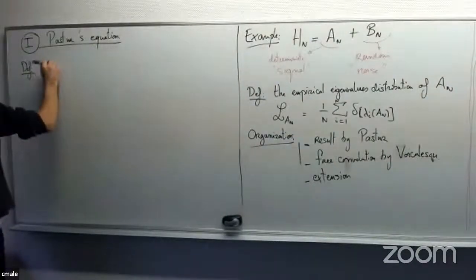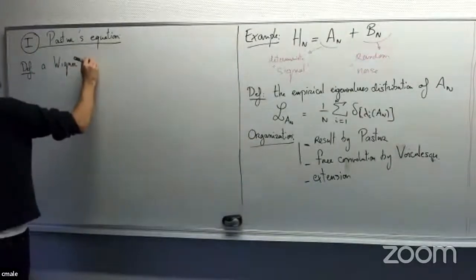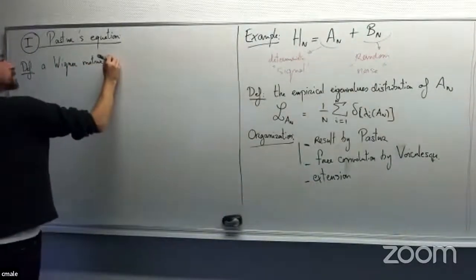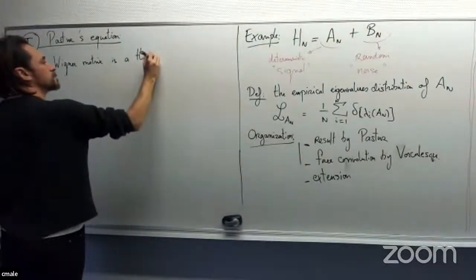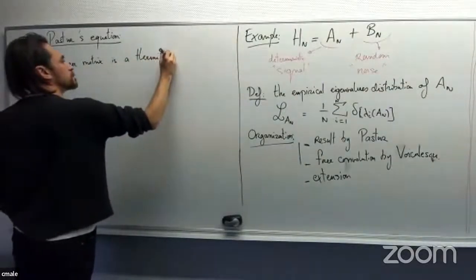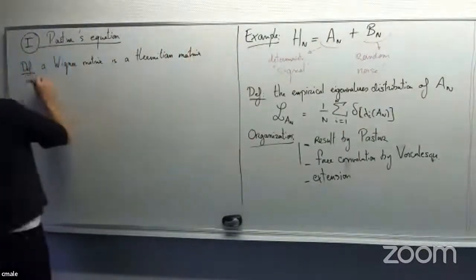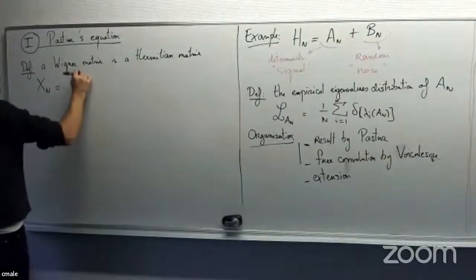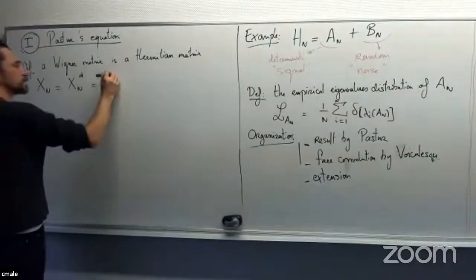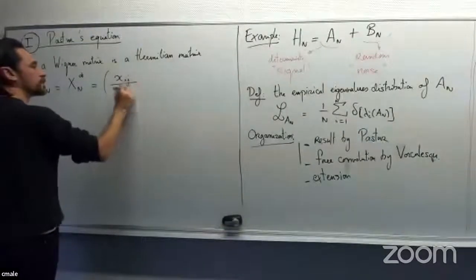I call a Wigner matrix a Hermitian matrix, so X_N is equal to X_N star, and I assume that its entries are written in the following form.